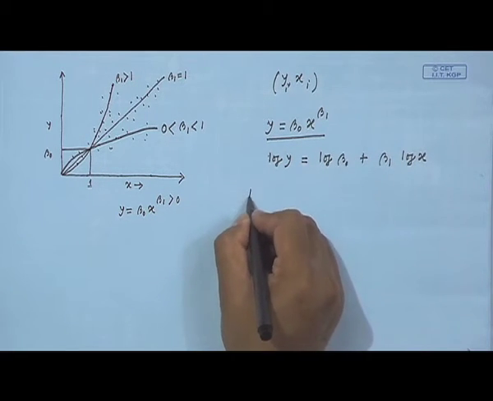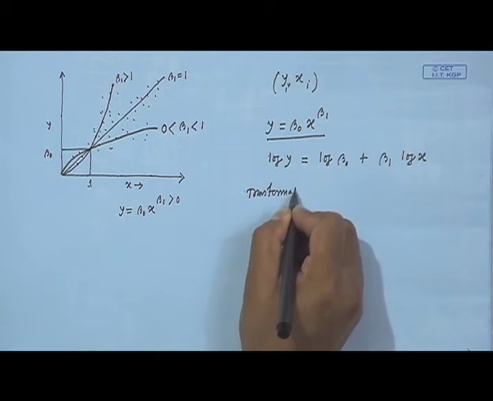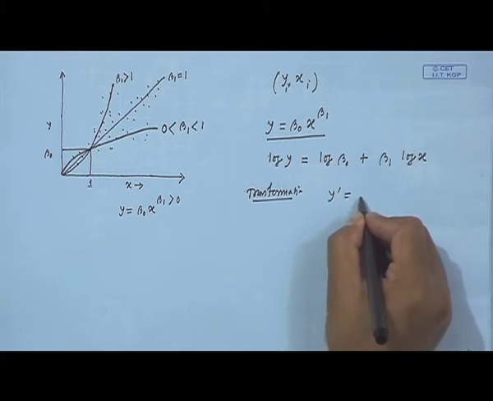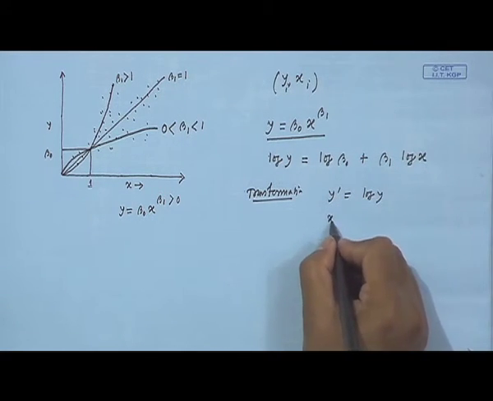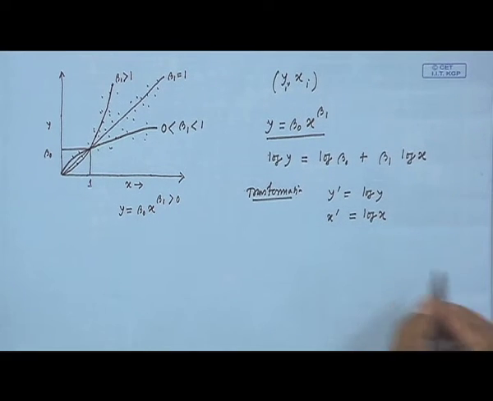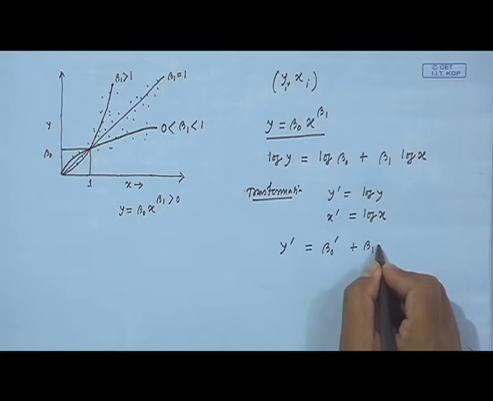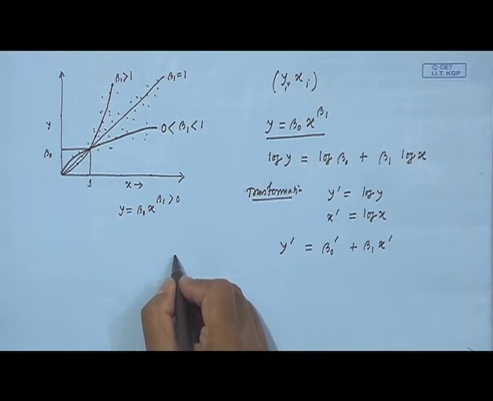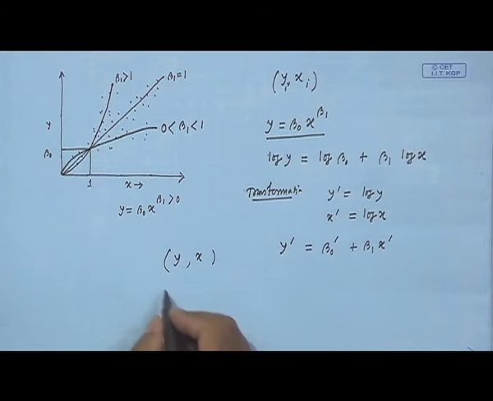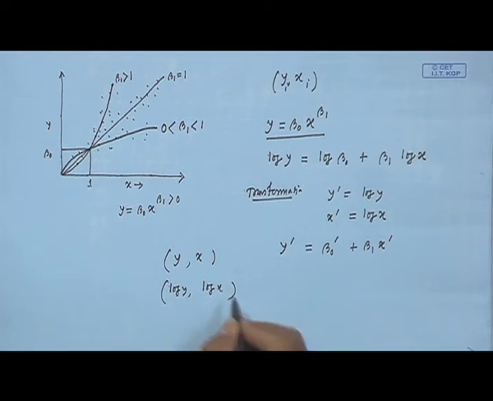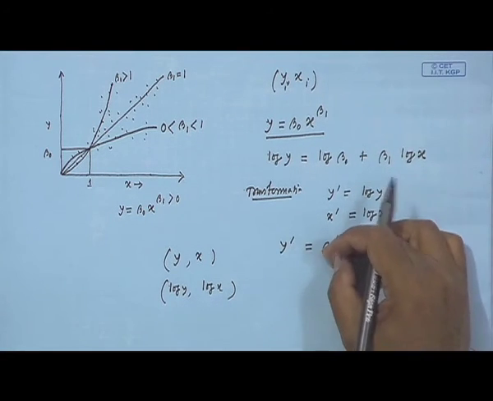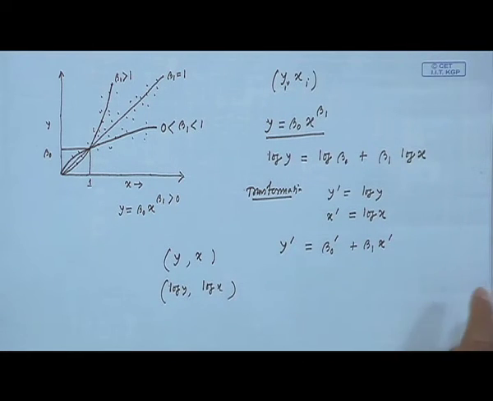So, the transformation you are choosing is y prime is equal to log y and x prime is equal to log x, and the final model is y prime is equal to beta naught prime plus beta 1 x prime. So, given the data y x, you transform the given data to log y log x, and then if you plot the scatter plot for this transformed data, perhaps you will get the scatter plot centered about a straight line, and you can go for a linear fit.